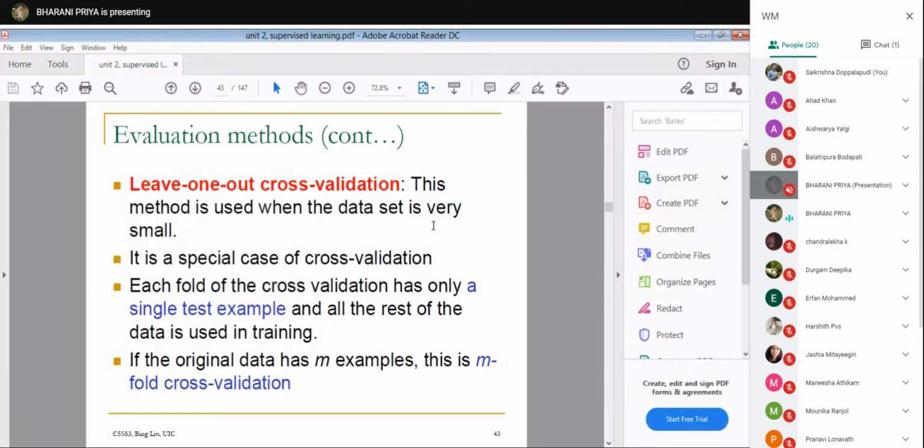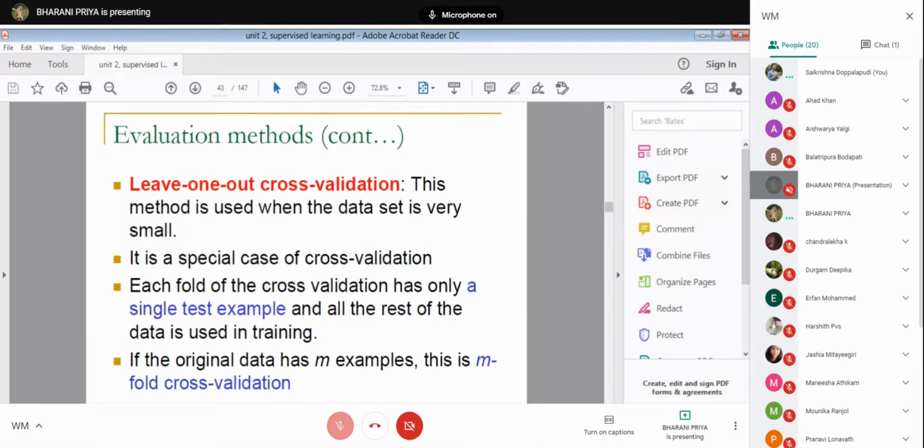That's why they say that if the data is too small, you divide it so that, for example, if the data contains only 3 records, you divide it into 3 subsets, each containing a single example. Clear?